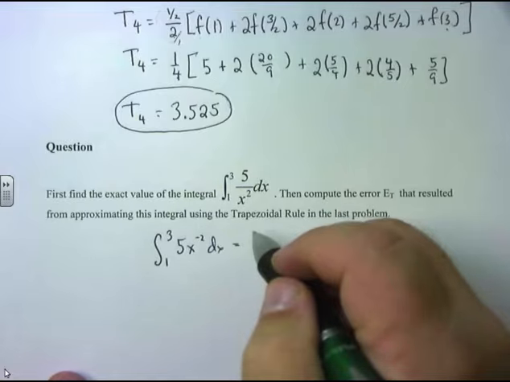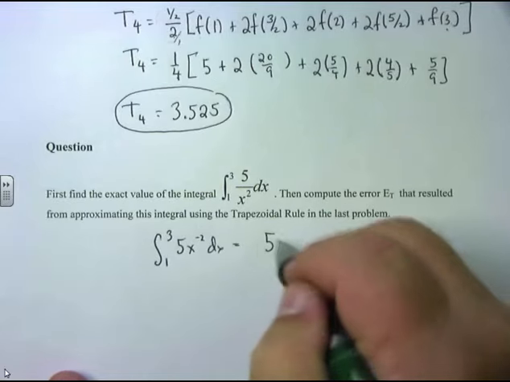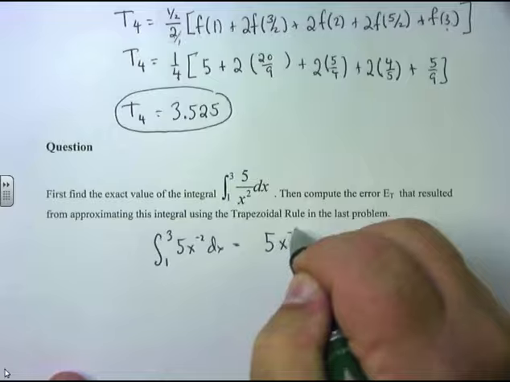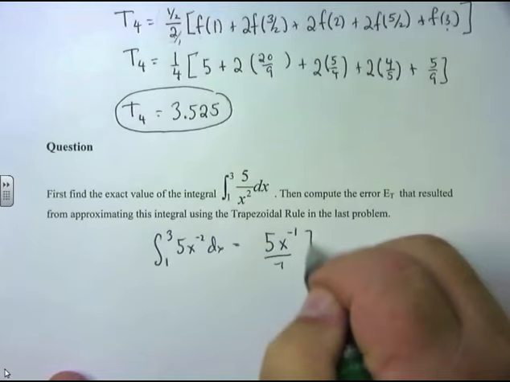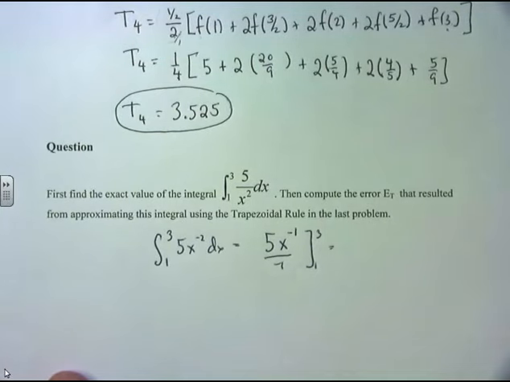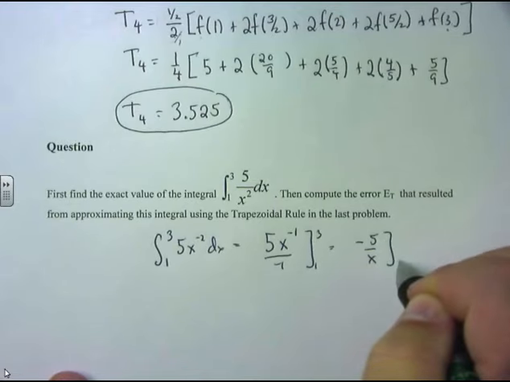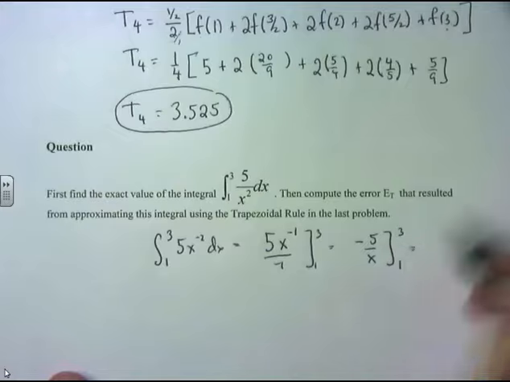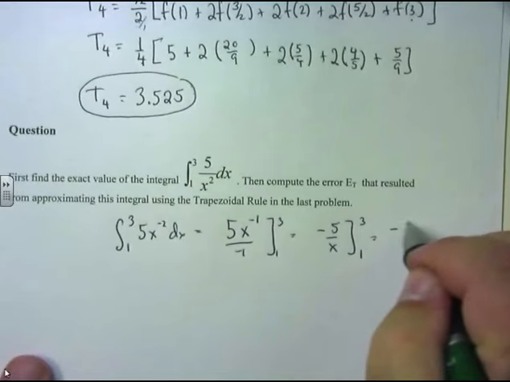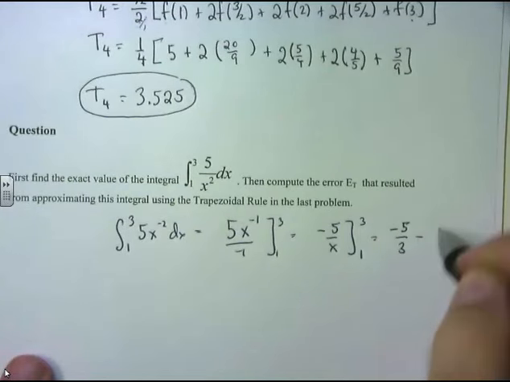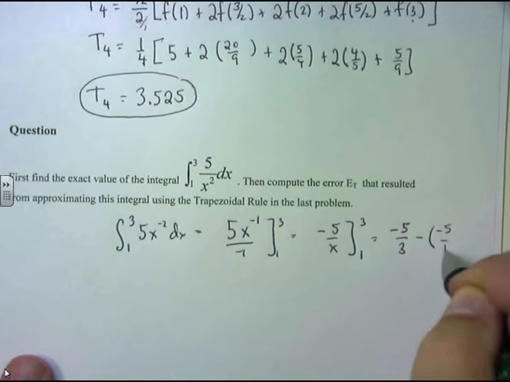Integrate: add 1 over add 1. That'll be 5 times x to the negative 1 over negative 1, evaluated from 1 to 3. Cleaning it up, this is negative 5 over x, evaluated from 1 to 3. Applying the fundamental theorem of calculus, this will be negative 5 over 3 minus negative 5 over 1.